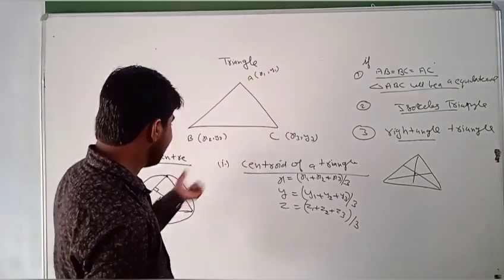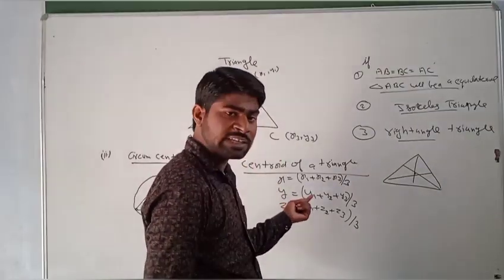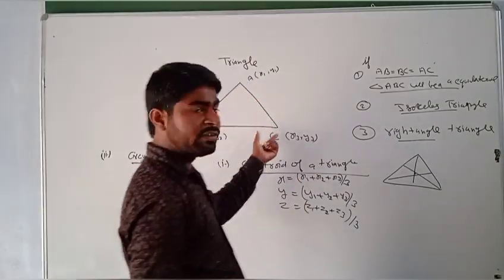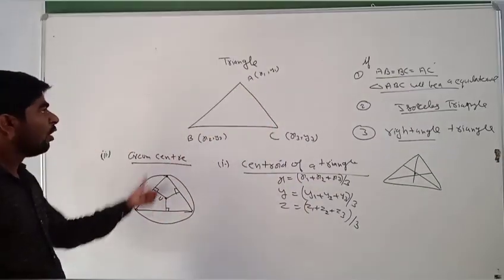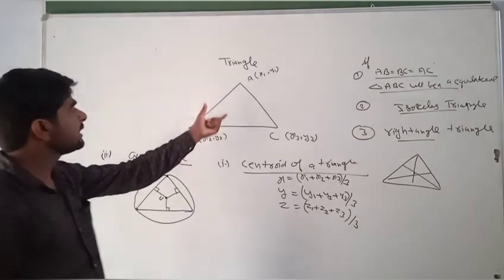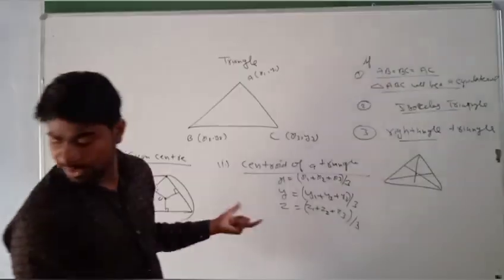As we discussed the centroid of a triangle whose vertices are given, we will now discuss the circumcenter of a triangle whose vertices are given.